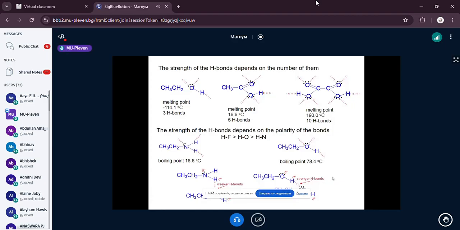The strength of hydrogen bonds depends on the number of hydrogen bonds also. Let us look at melting points of these examples. What is the name of this compound?